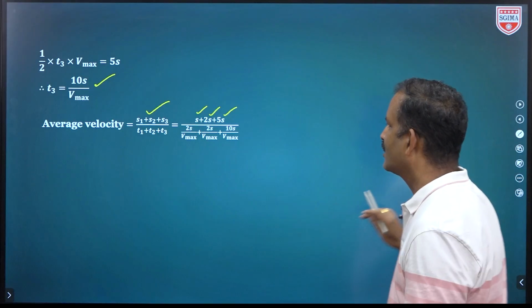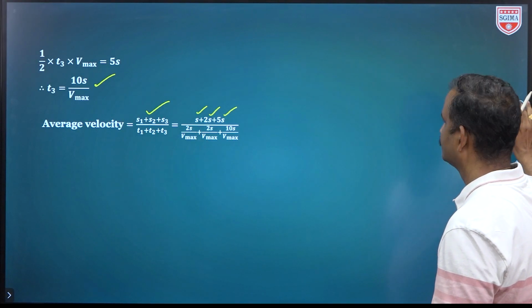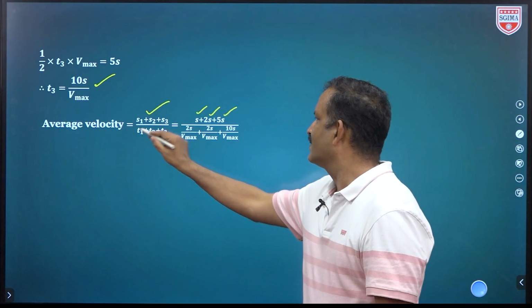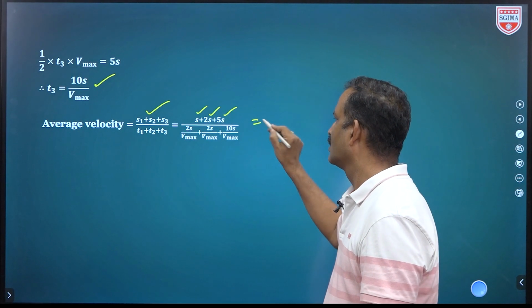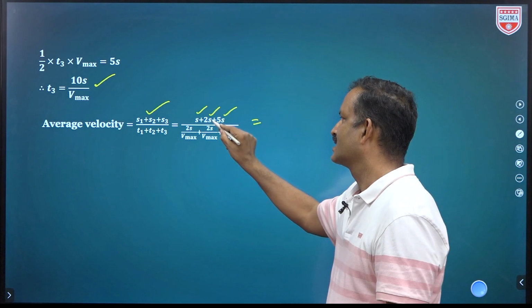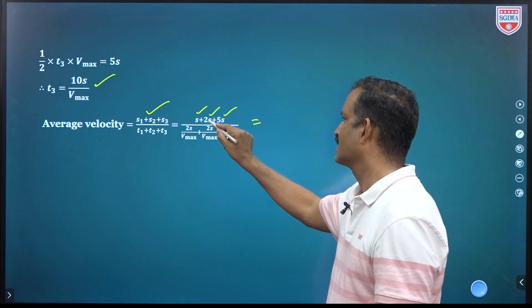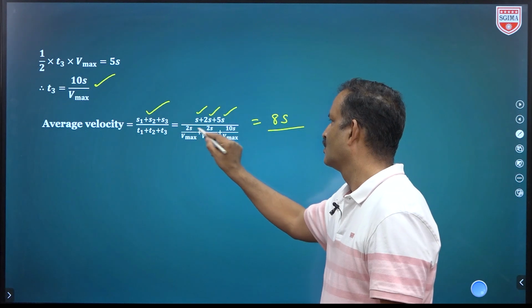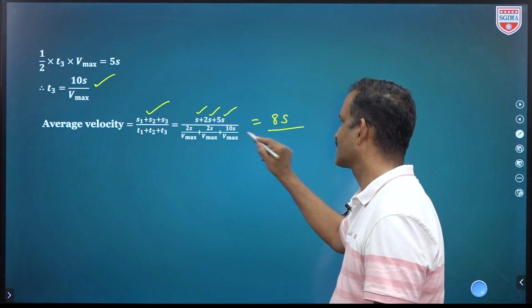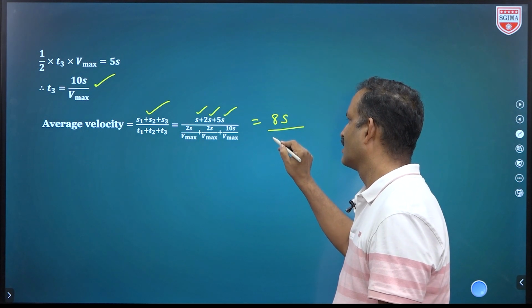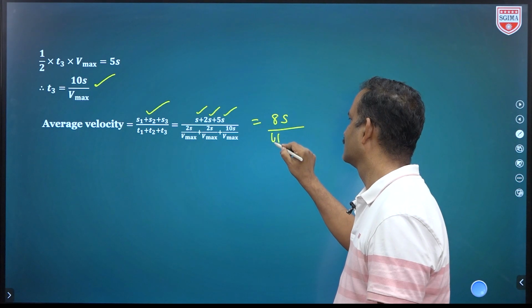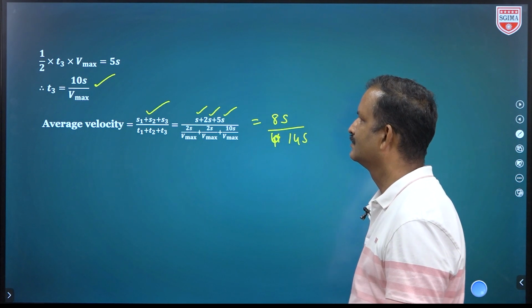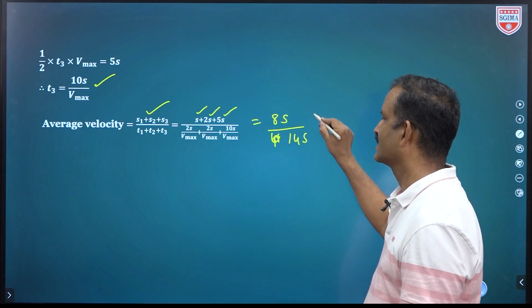So, then what you are getting now? Average velocity is equal to s plus 2s, this is 3s, plus 5s, 8s, by 2s plus 2s, 4s, plus 10s, 14s, by V maximum.